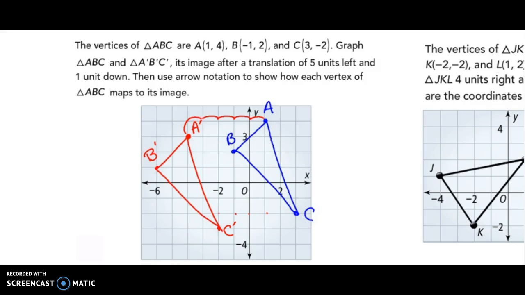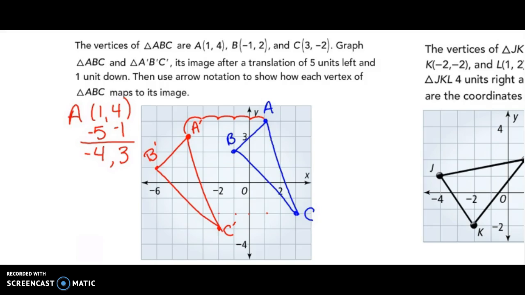So it should look like the exact same triangle, but just moved. Let me show you a quick hint. When we have A and it is (1, 4), and we're saying that we're translating it 5 units to the left, that's our X value, so we're going to be moving it -5 units over, and then the Y is going to go 1 unit down, so we're going to do -1 as well. So then I'm going to do 4 minus 1, which is 3, and 1 minus 5, which is -4.